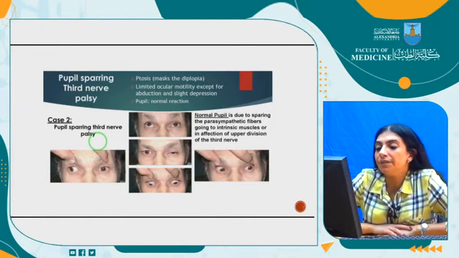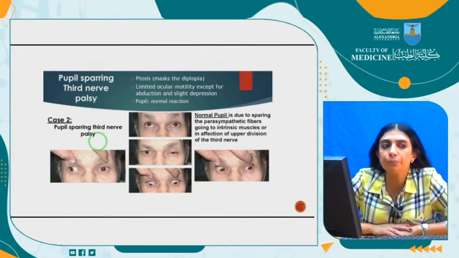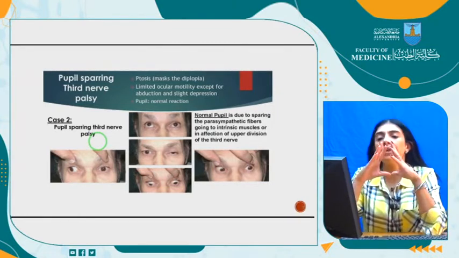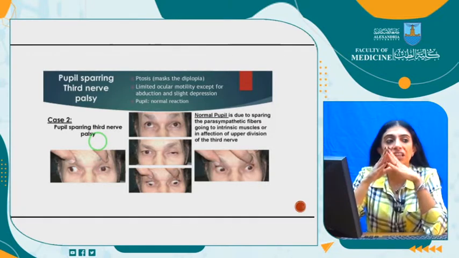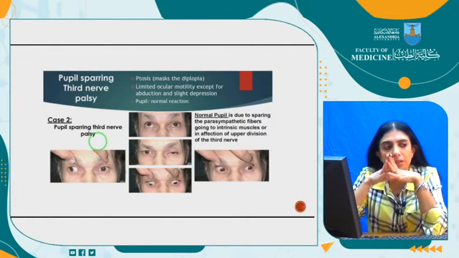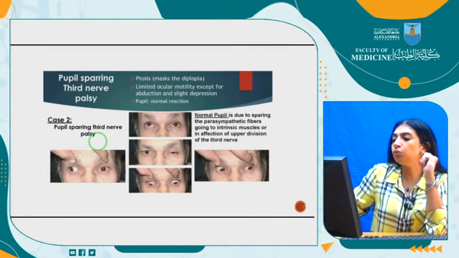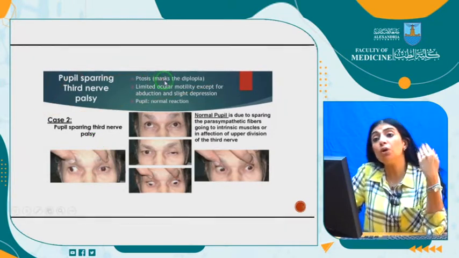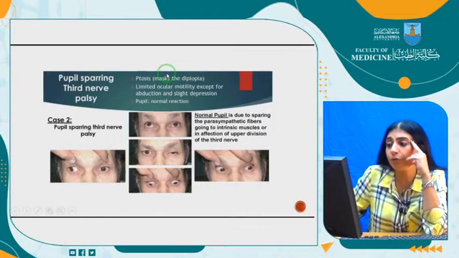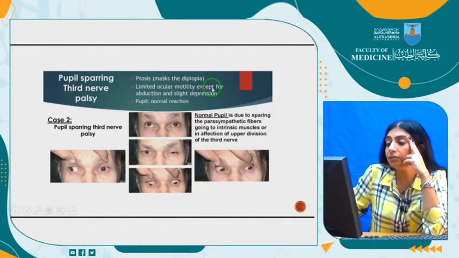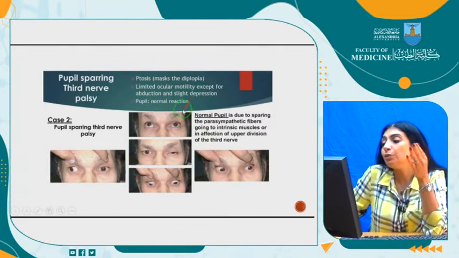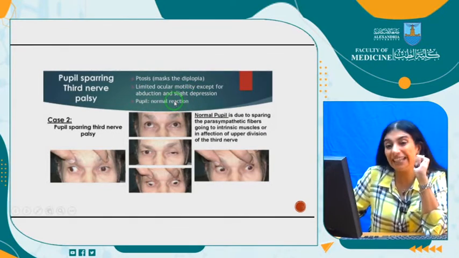The second type is the pupil-sparing third nerve palsy, which means that there is only affection of the extraocular muscles, not the muscles supplied by the parasympathetic innervation. The patient will have ptosis, which will mask his diplopia, as mentioned before, limited ocular motility except for abduction and slight depression, and the pupil will be normally reactive.